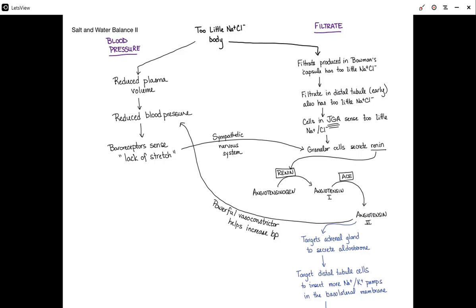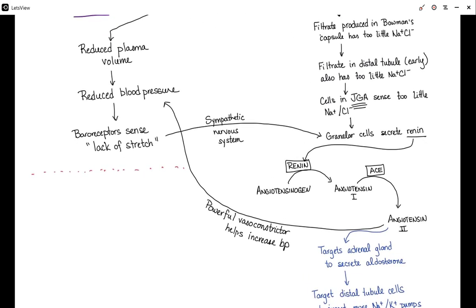And I'm going to put this part in red because it really only happens when our blood pressure gets dangerously low. The sympathetic nervous system can do additional things beyond triggering renin secretion. And so I personally refer to this as a sympathetic override.